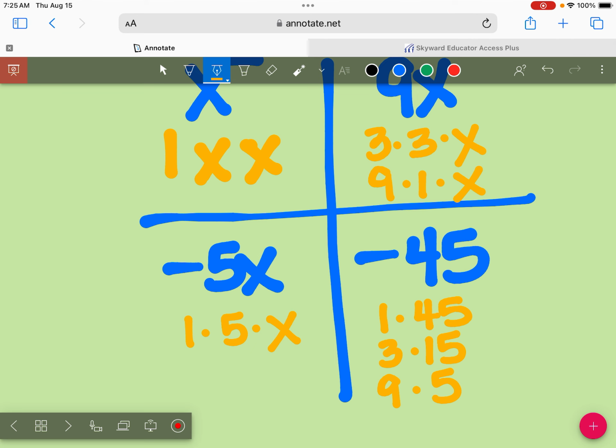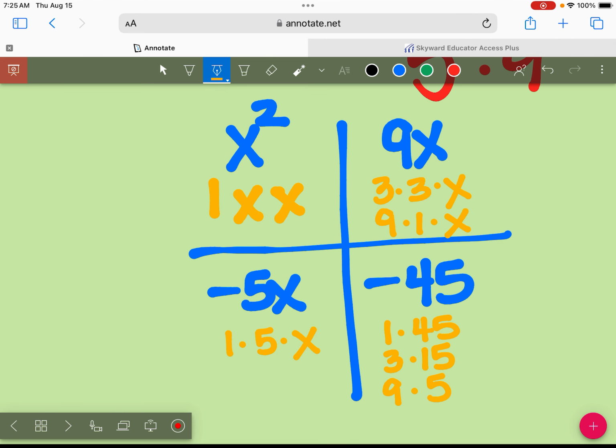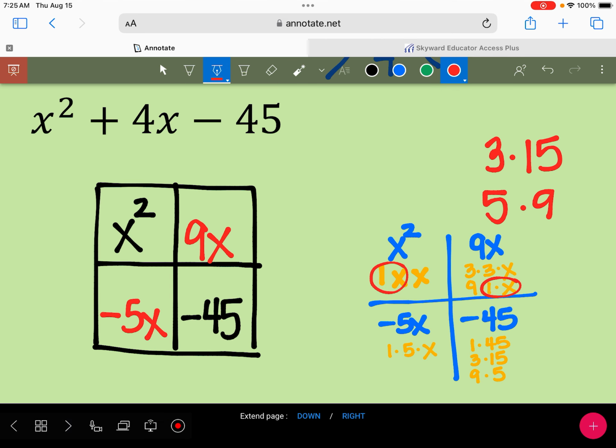Let's look for our GCFs. So in these 2 squares, what do they both have that I can take out? The only thing that they have in both of these squares is a 1 and an x. That's the only thing that they have in common. So I'm going to put that 1x right here. Now look at these two.